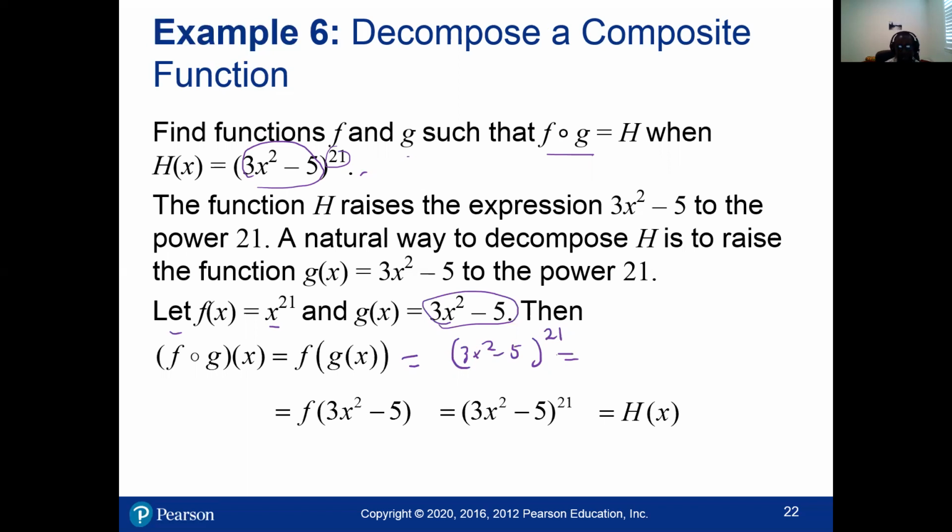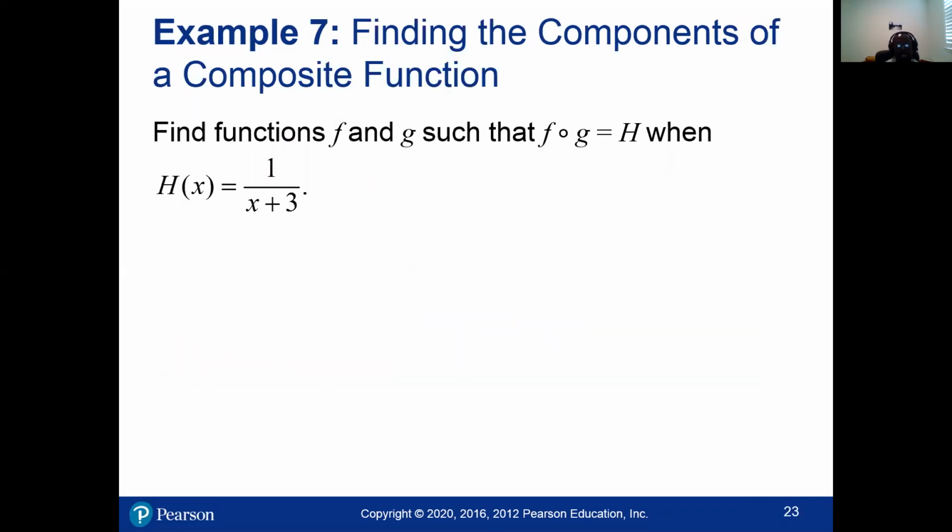Finally, we want to decompose the same way, finding f and g such that h is equal to the composite function.